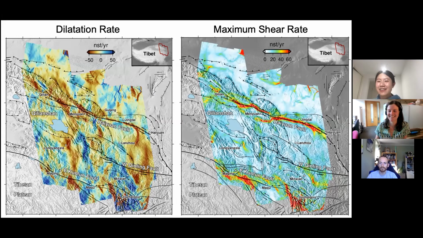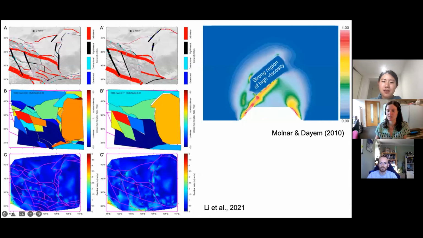Another question would be, quite often I don't see all four edges of a block in my strain rate map. So it's another question of, if it's a block, how do we close each block and make it continuous in space?